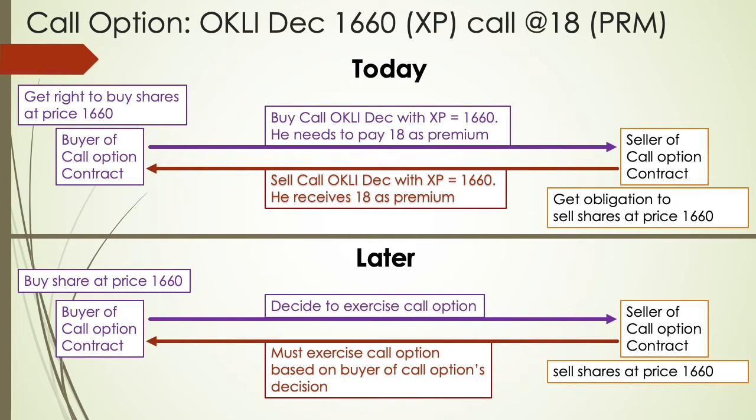So when they exercise the call option contract, the buyer buys shares at price 1660. That means at the maturity date, the buyer can buy shares at the exercise price of 1660. The seller of the call option contract, when the buyer decides to exercise, needs to sell the shares at price 1660. So this is the operation of a call option contract.